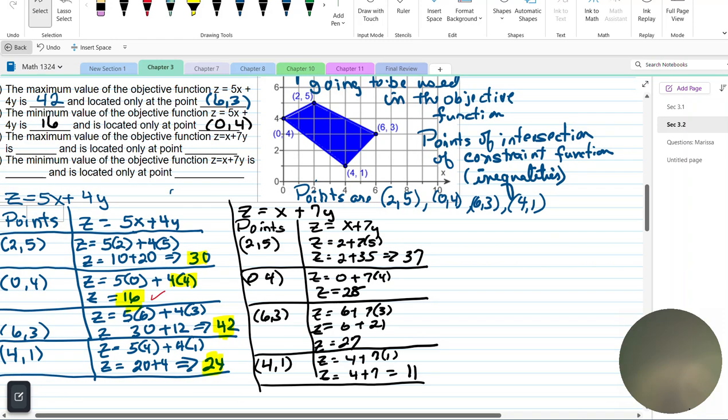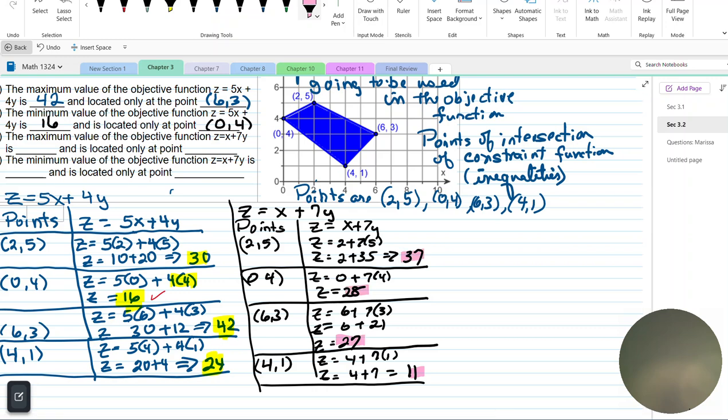The maximum, all right, so now on this one, let's look. We have 11, 27, 28, and 37. The maximum on this guy is going to be our 37 at the point 2 and 5.